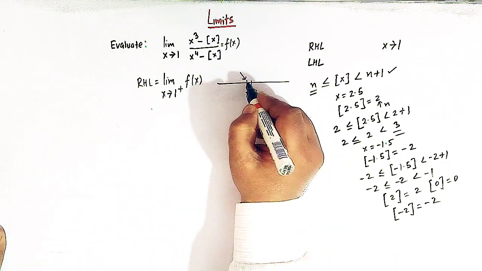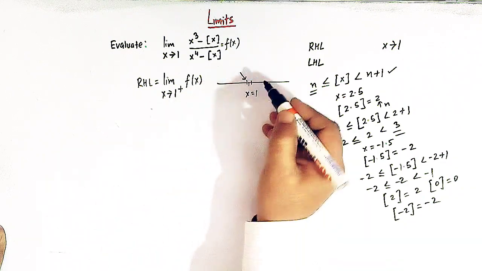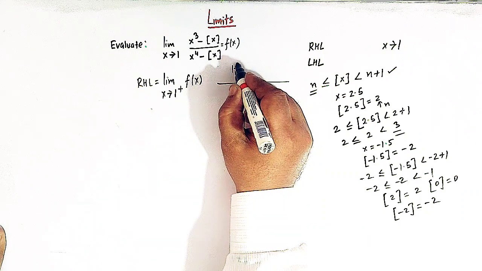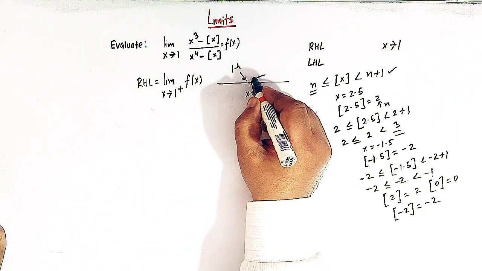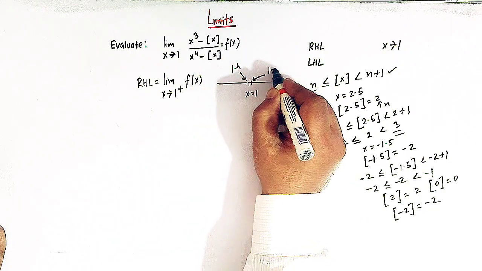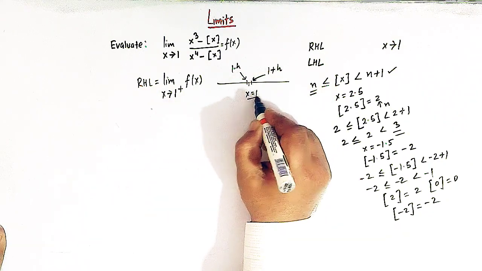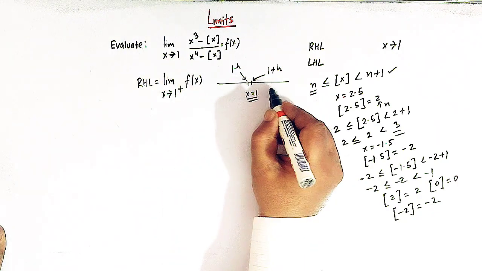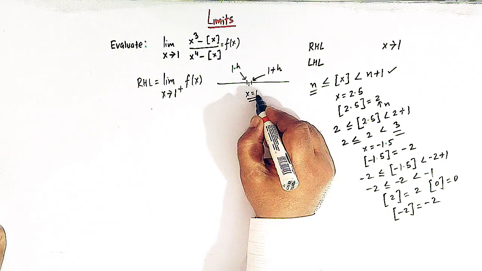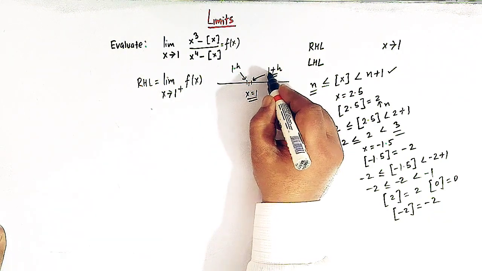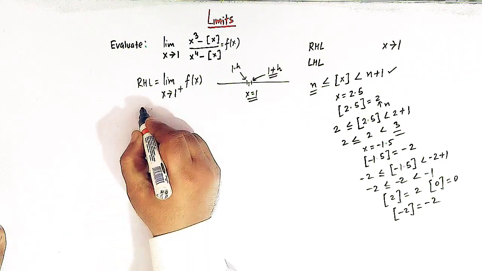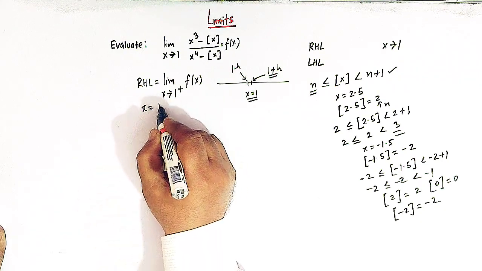The left neighborhood is given by 1 minus h and the right neighborhood is given by 1 plus h. When we approach 1 from the right, we have the point 1 plus h, so we take x equal to 1 plus h.